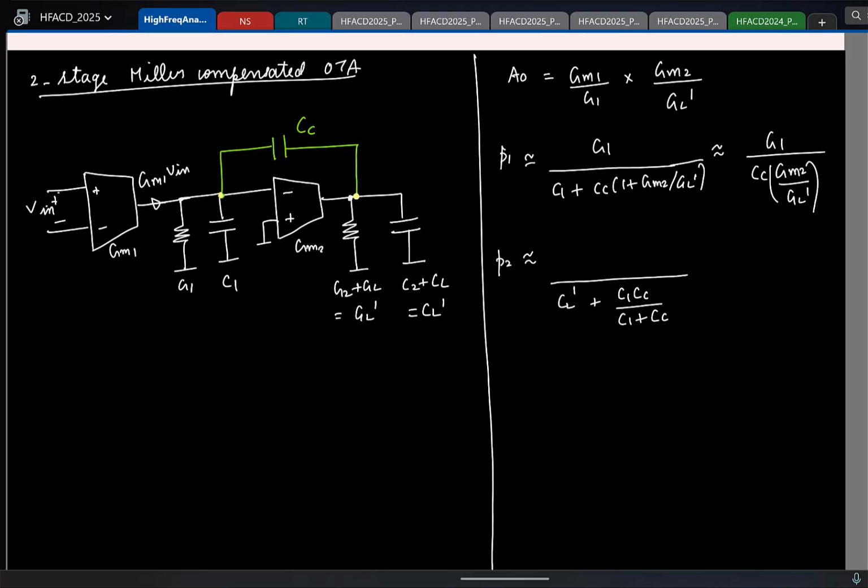And what about the conductance at the output node? We will have GL prime, and a combination due to GM2. So this is GL prime plus the capacitive division you have for GM. Okay.